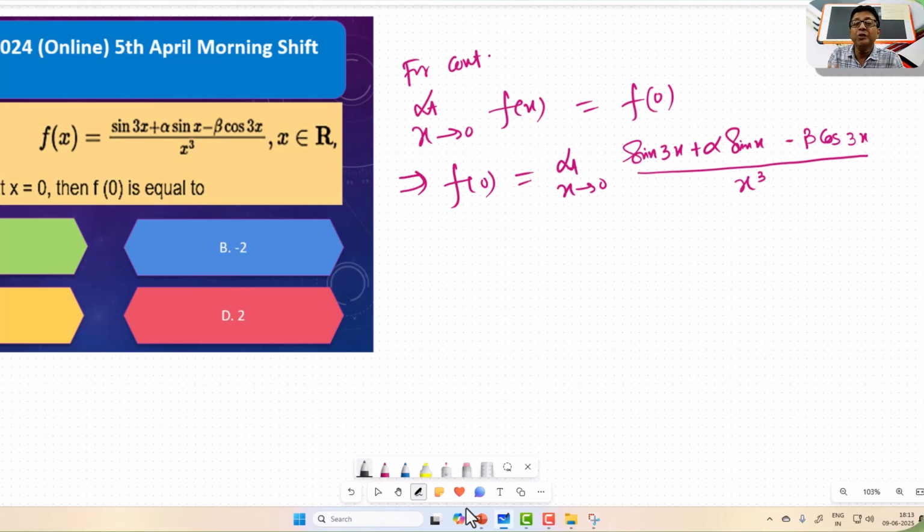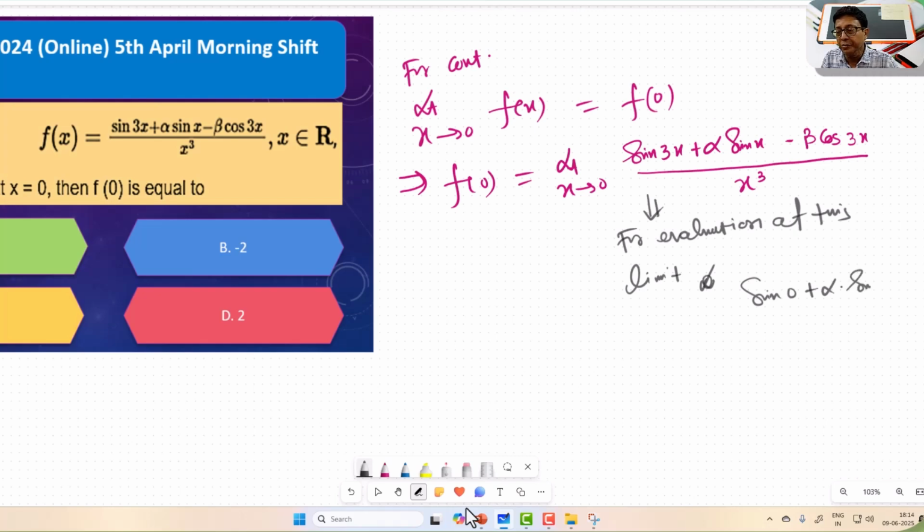So to make it 0 by 0 form for evaluation of this limit, sin 0 plus alpha sin 0 minus beta cos 0 is 1 should be 0. So in the beginning we make sure that beta is going to be 0. Then nothing is left over there.